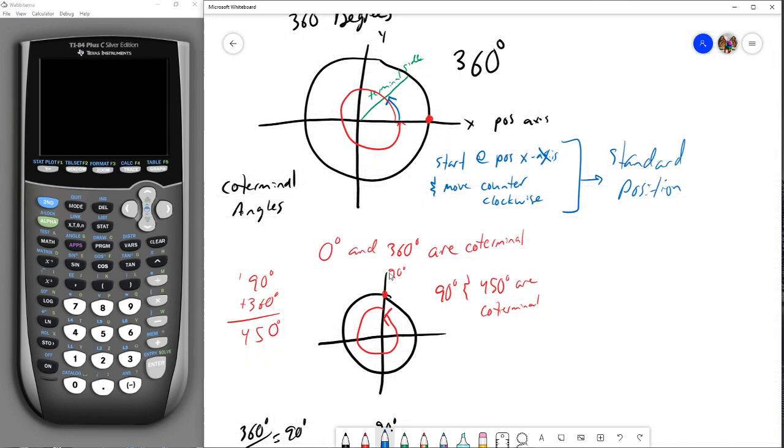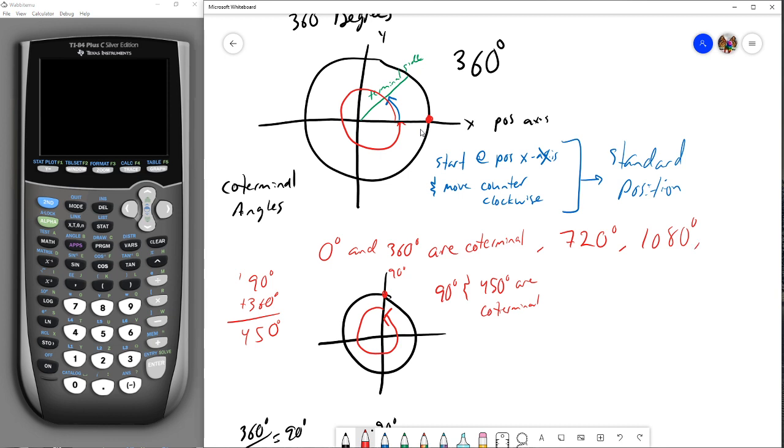And in fact, we can elaborate on this. If I go around a circle, say 2 times, so 1, 2, well, that's 720 degrees. So this is also going to be coterminal, 720 degrees, and we can go around another time, so 1080 is coterminal.